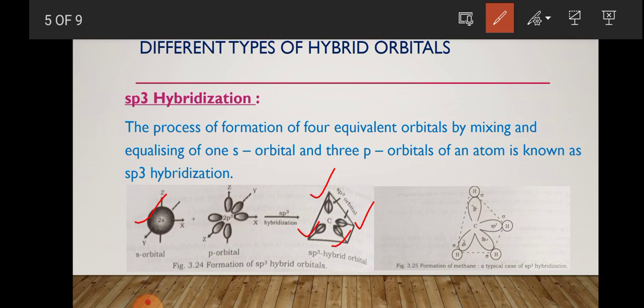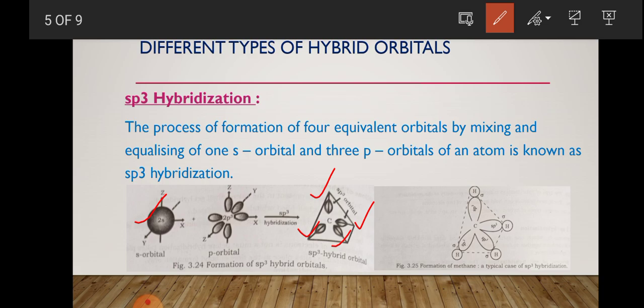Then the 2s orbital and 3p orbitals, that is px, py, and pz orbitals, are combined together to form four identical and equal energetic sp3 orbitals.